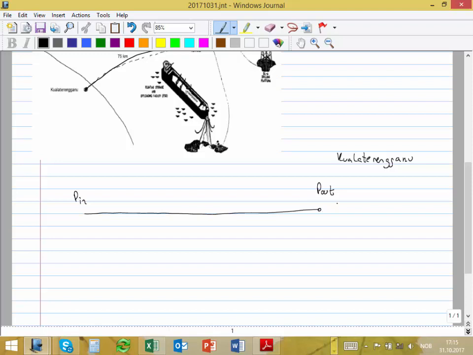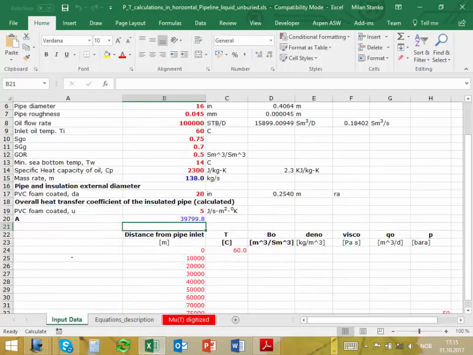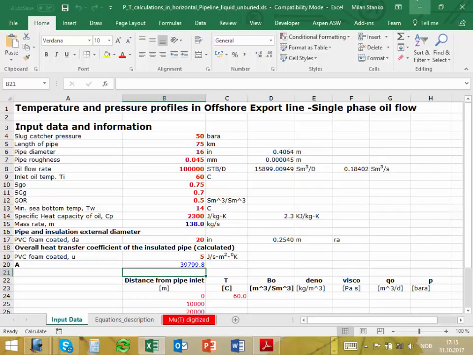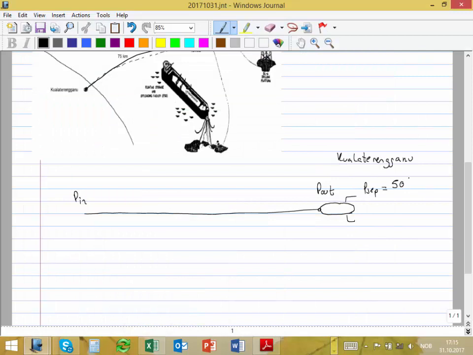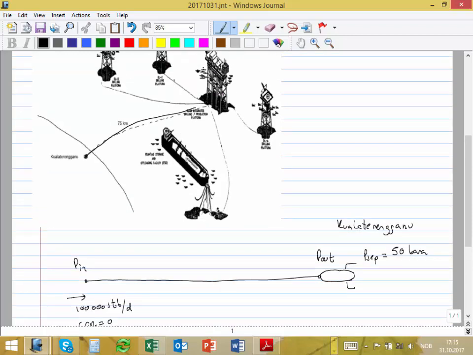Again, it is producing to a separator that has a constant pressure of 50 bar. Okay, and we want to calculate if this rate is 100,000 standard barrels per day, and the GOR is very low. I told you, you managed to separate almost all gas, but not all of it.